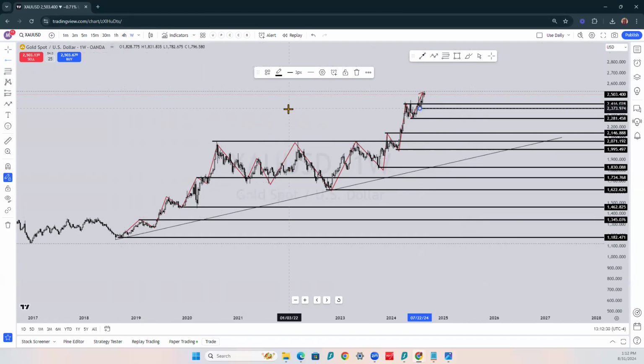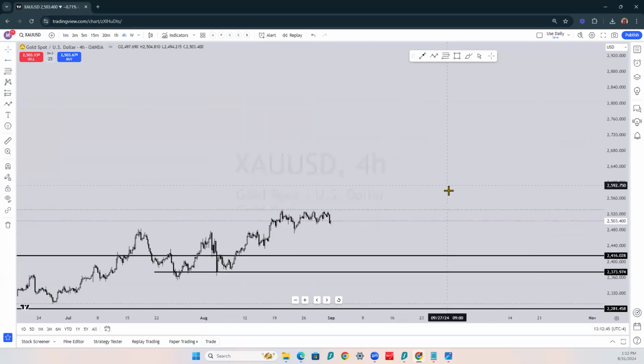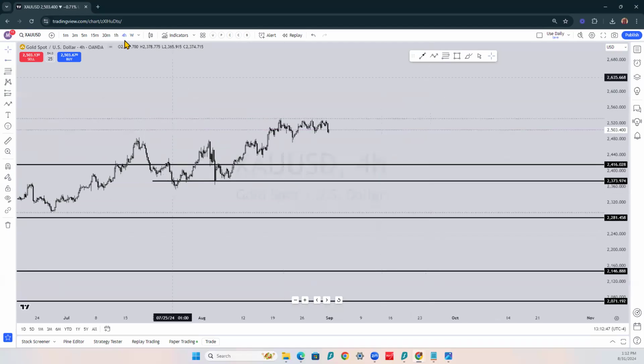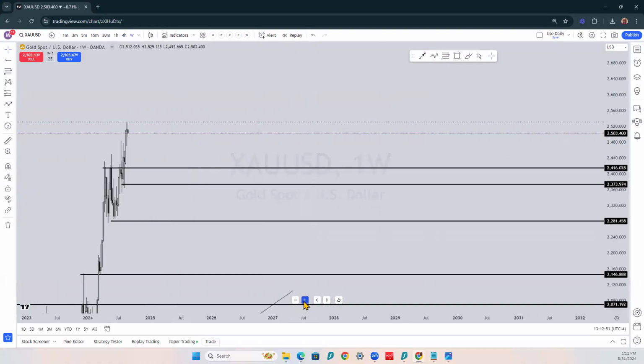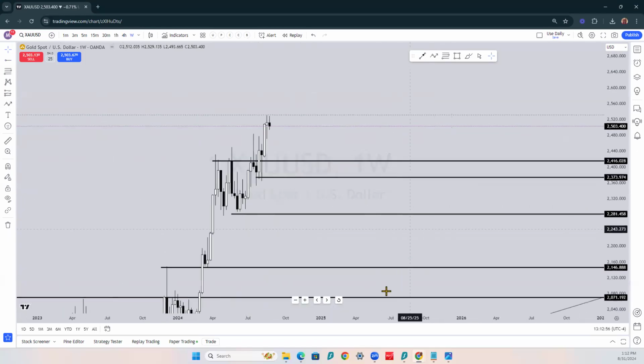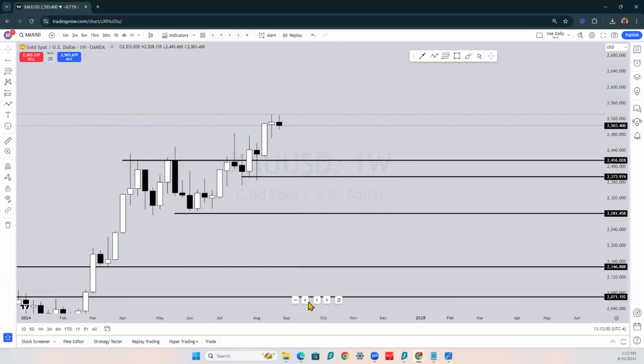So let's now go to the 4 hour. I'm going to take this off here. Actually, that was a weekly, right? Let's go back to the weekly. There's one more thing I want to do on the weekly. Take a look at the last two candles.